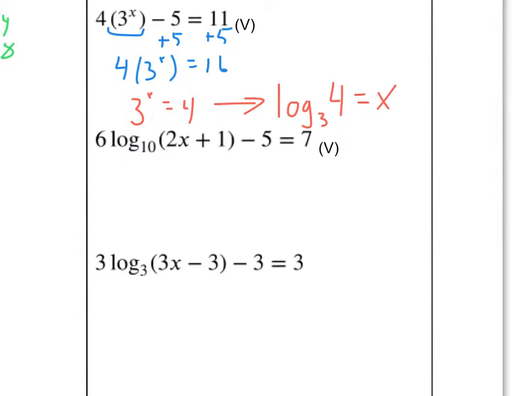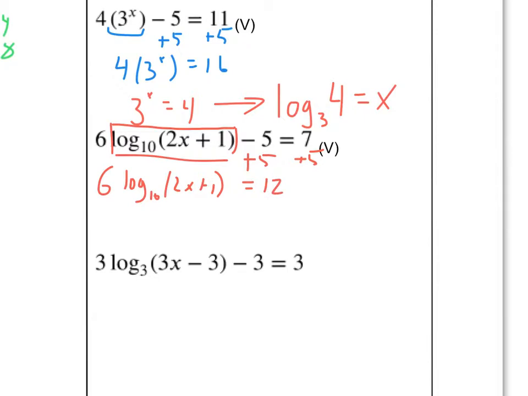For the next one, this is the thing I'm trying to get by itself. We're going to add 5 to both sides. We get 6 log base 10 of 2x plus 1 is equal to 12. We could divide both sides by 6, and we get log base 10 of 2x plus 1 is equal to 2.